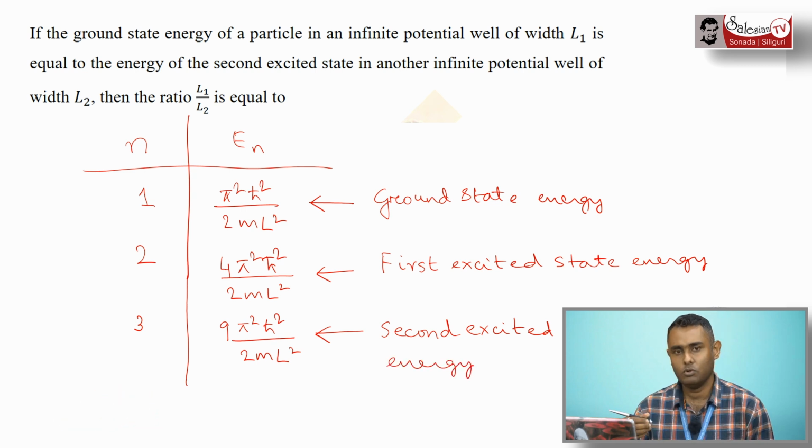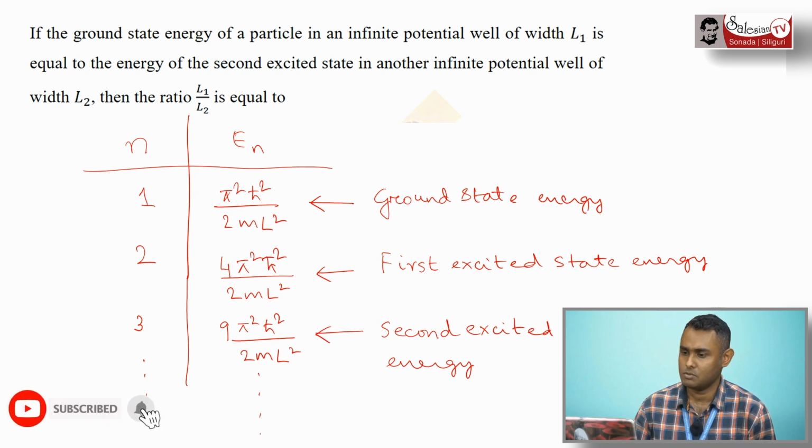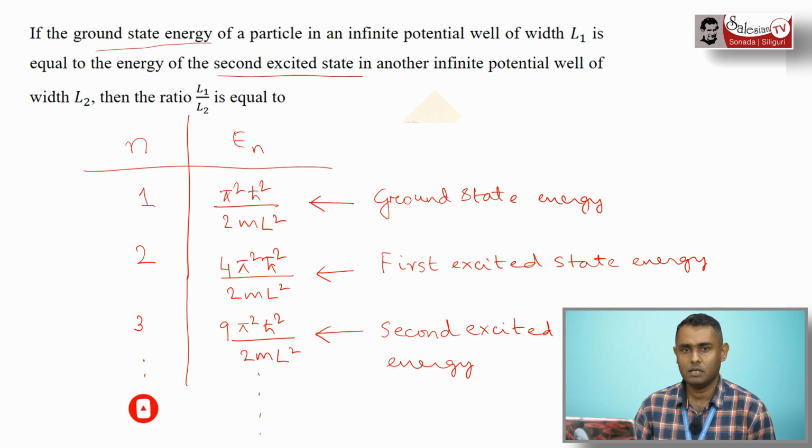Similarly, I can go on listing further n values and corresponding energy eigenvalues, but that is not necessary because in this question we need only the ground state energy and the second excited state energy. So we are good to go now.